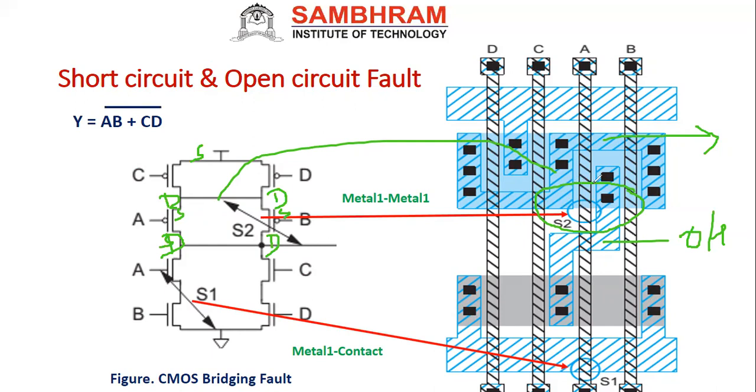They are very close together. What will happen is these two will become a short circuit. The system will identify a short circuit, meaning this line and this line will be short circuited. If it gets short circuited, this expression will change and my output will become wrong.